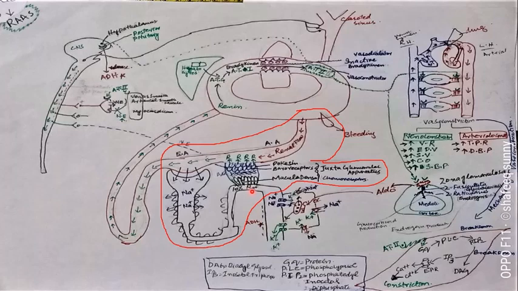So the beta 1 receptors are stimulated in the juxtaglomerular apparatus and this results in more release of renin. It means there are two mechanisms of renin release.